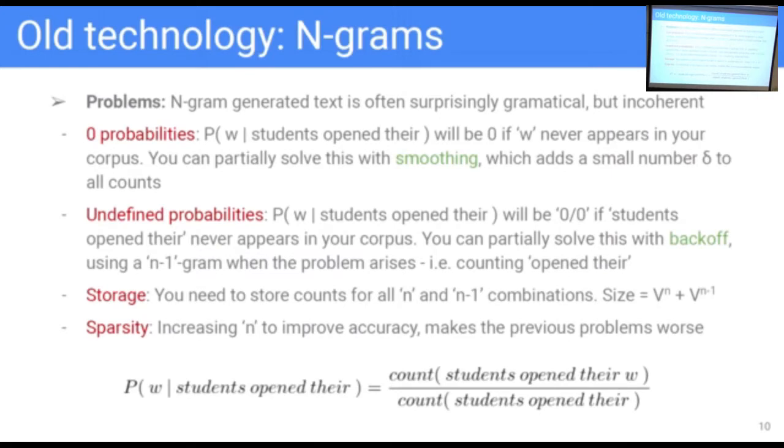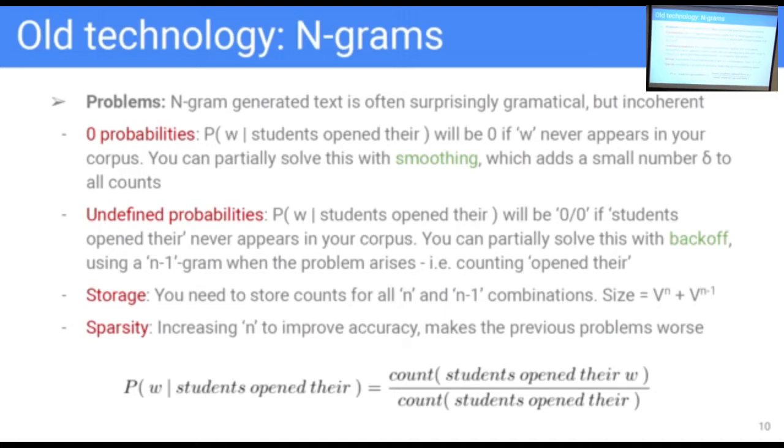But then this has a number of problems, which emerge very quickly. The first one is that when you are calculating the probabilities in that way, the calculation is too fine grain.